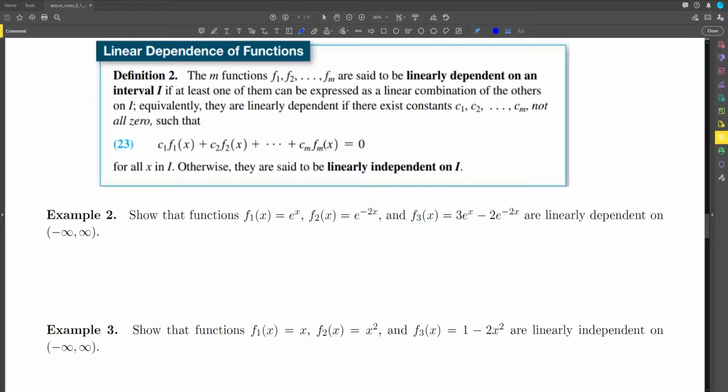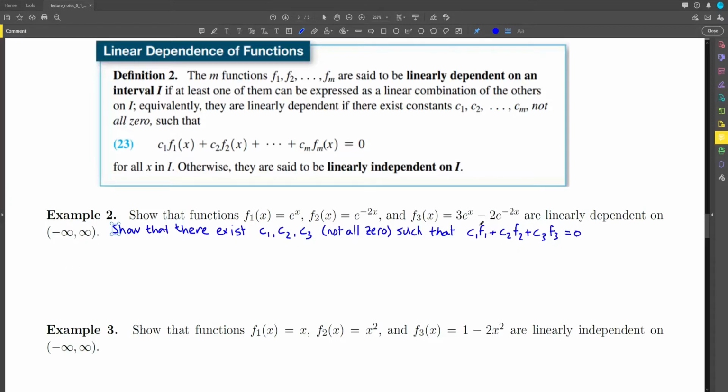So what I want to show here is that there exist C1, C2, C3, not all 0, such that C1 times F1 plus C2 times F2 plus C3 times F3 equals 0.